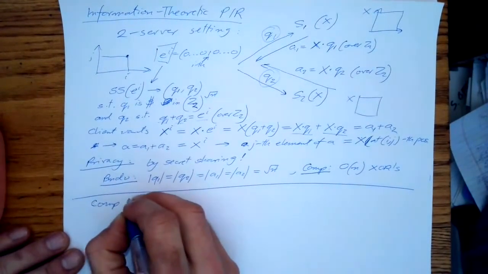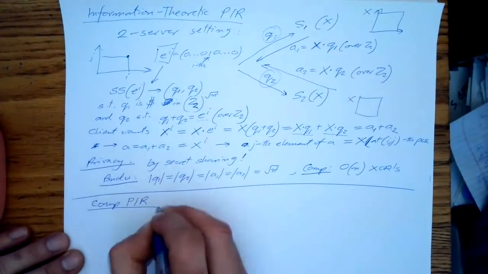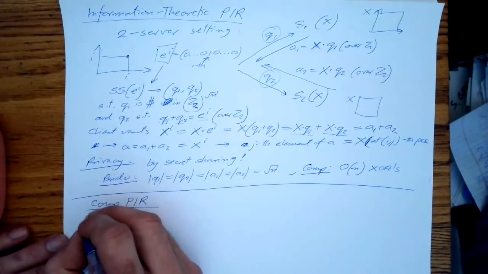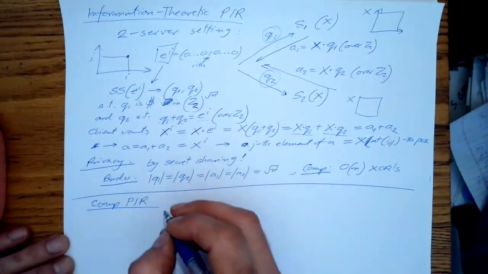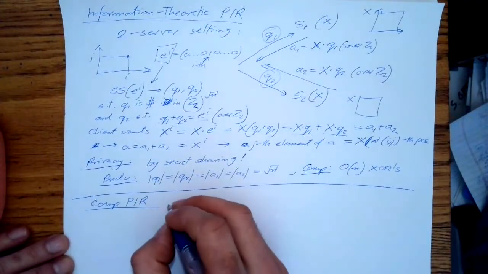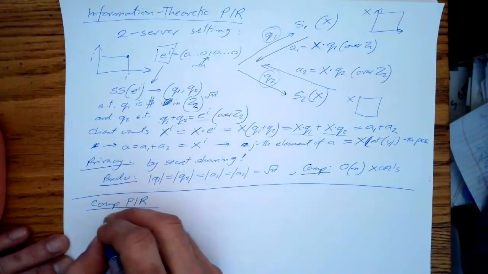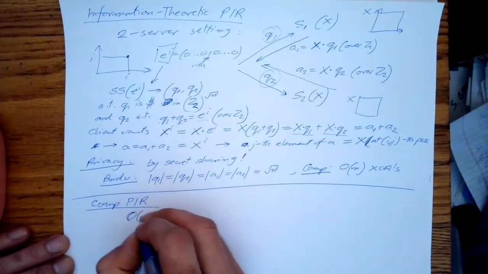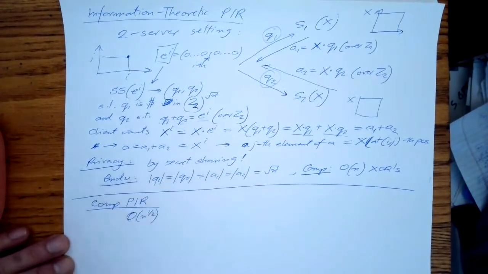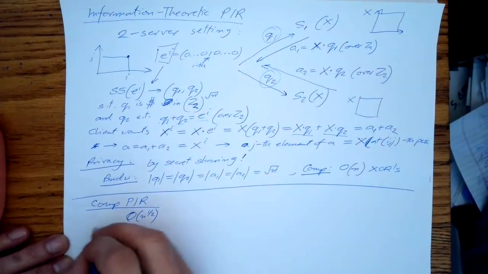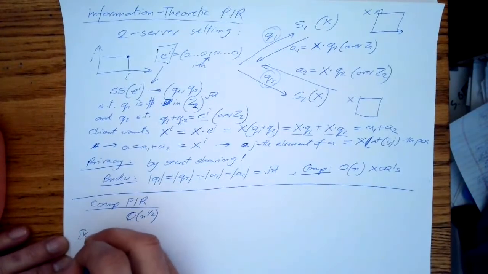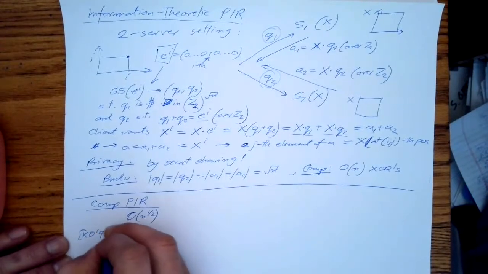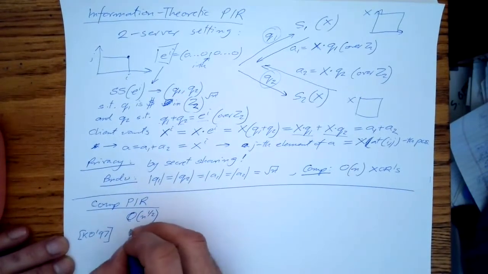So computational PIR. This basic solution, which we have seen, has bandwidth square root of n, and this is Kushilevitz-Ostrovsky, already 20 plus years ago.